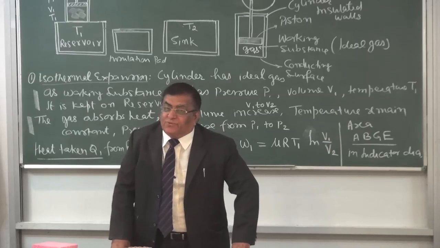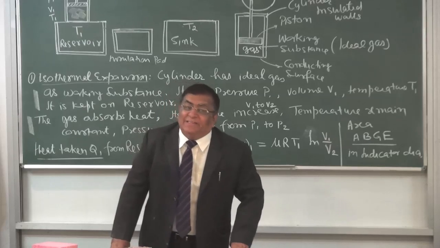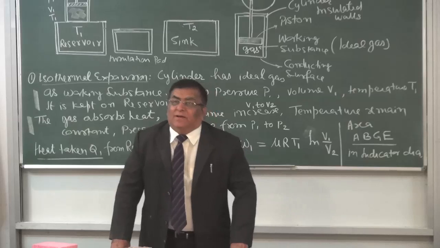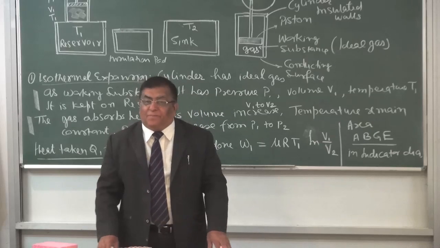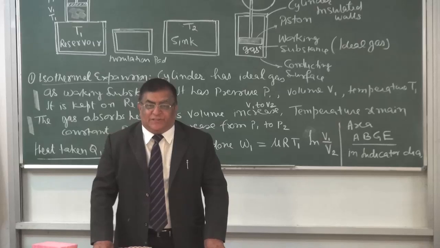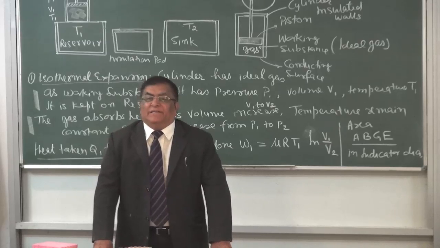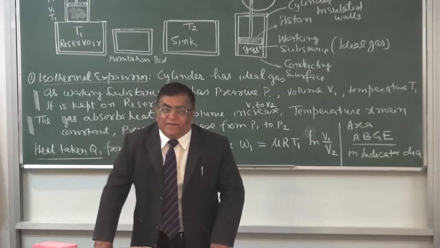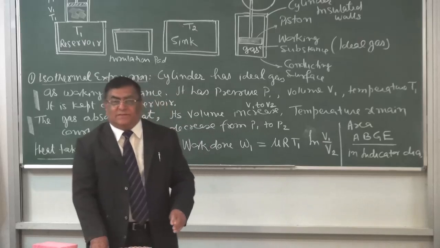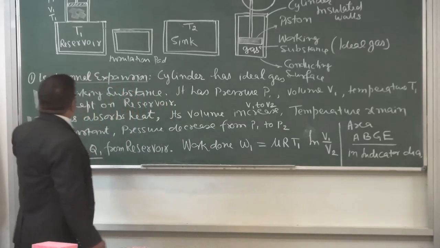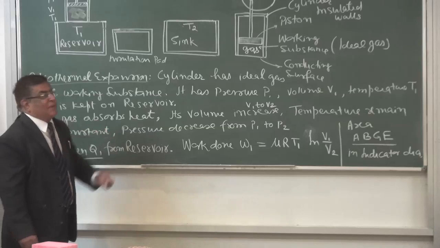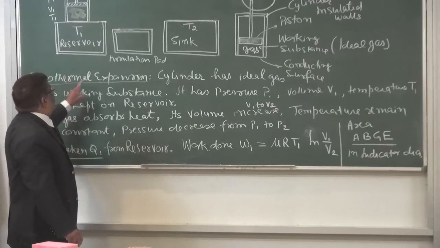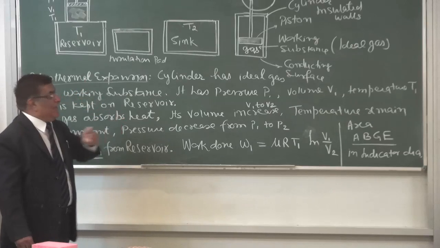We allow the gas to expand and expand and expand, and its temperature will become down. That process in which temperature changes but heat contents do not change is an adiabatic process. So the second process now is adiabatic expansion. So both types of expansions will be there. One is isothermal, one is adiabatic.